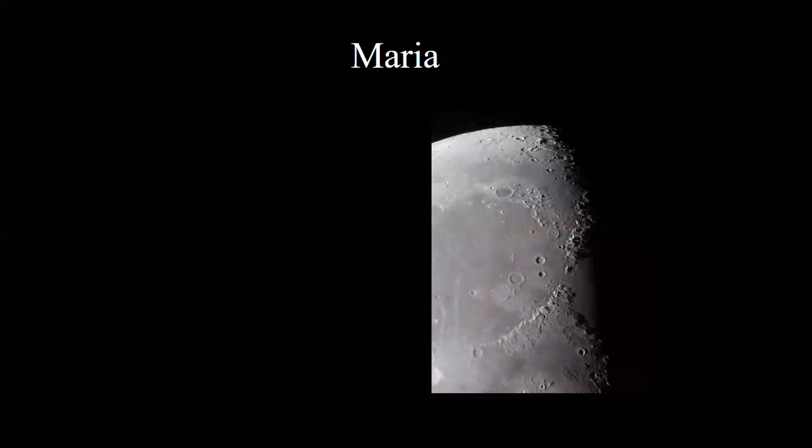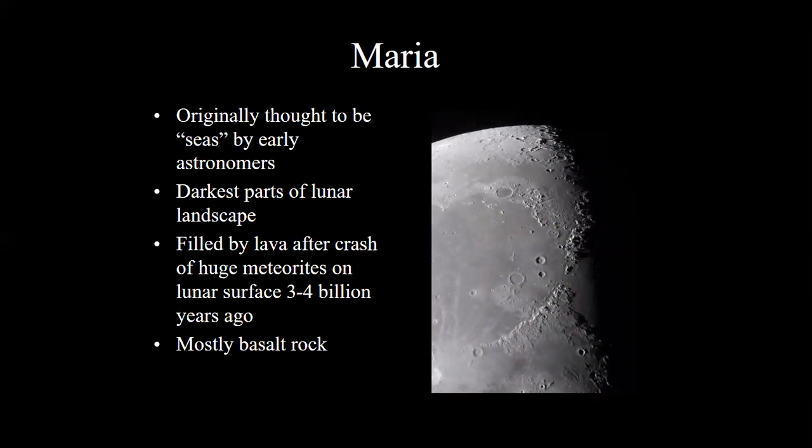Then there are maria. Maria are volcanic eruptions that happened a long time ago. Originally we thought these to be seas, by early astronomers, because on most terrestrial planets we see river water flows. So the astronomers thought that these could be oceans from early ages, but they really are not.